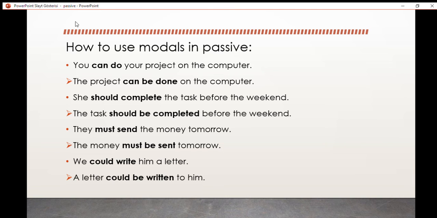Now, the modals. How do we use modals in passive? Now, all the modals are not here. There are some examples, but the formula is simple. We use modal, and then be, and then verb 3. But this time, we don't say use the correct form of be.